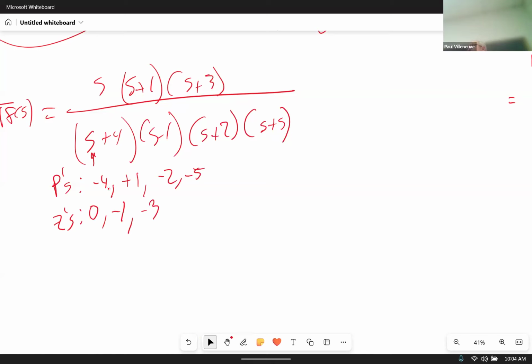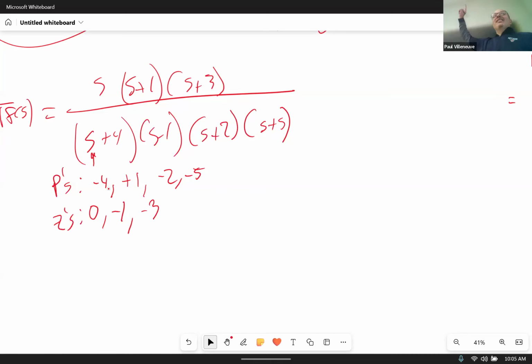Any others? Am I missing any poles or zeros? It's either yes or no, right?